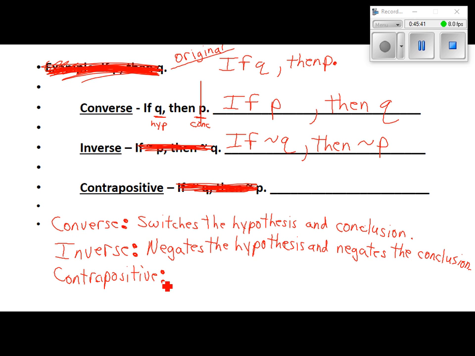Negates the hypothesis and negates the conclusion. It does both. So, the contrapositive does both: it switches and negates.